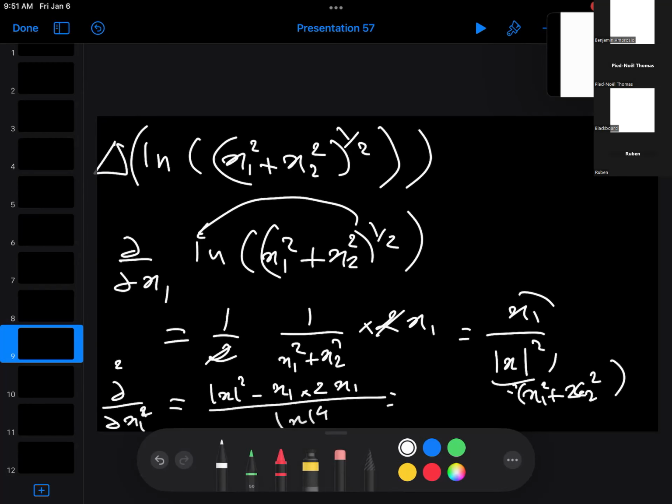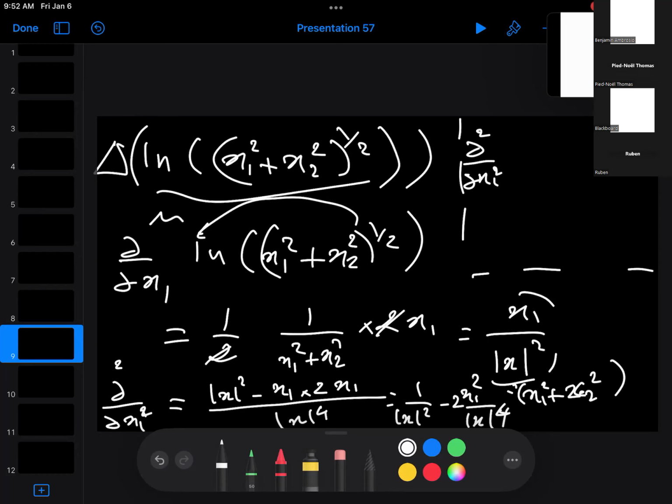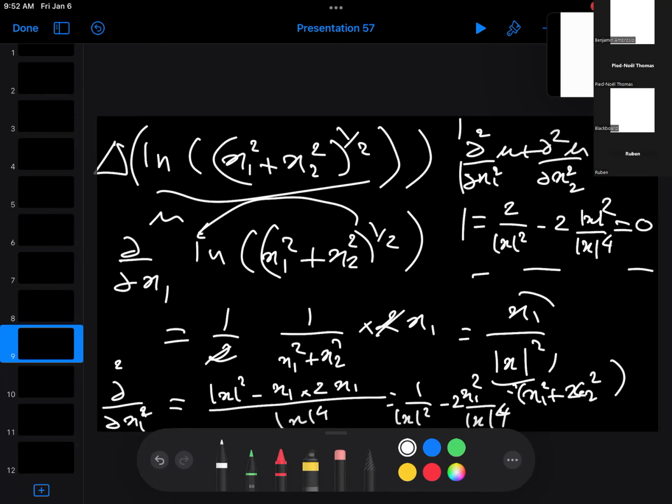So finally, I get 1 divided by the norm of x square minus 2 x1 square divided by the norm of x to the 4. Now if I do the sum, let's call it u, we get 2 divided by the norm of x square minus 2 norm of x square divided by norm of x to the 4, and this is 0.